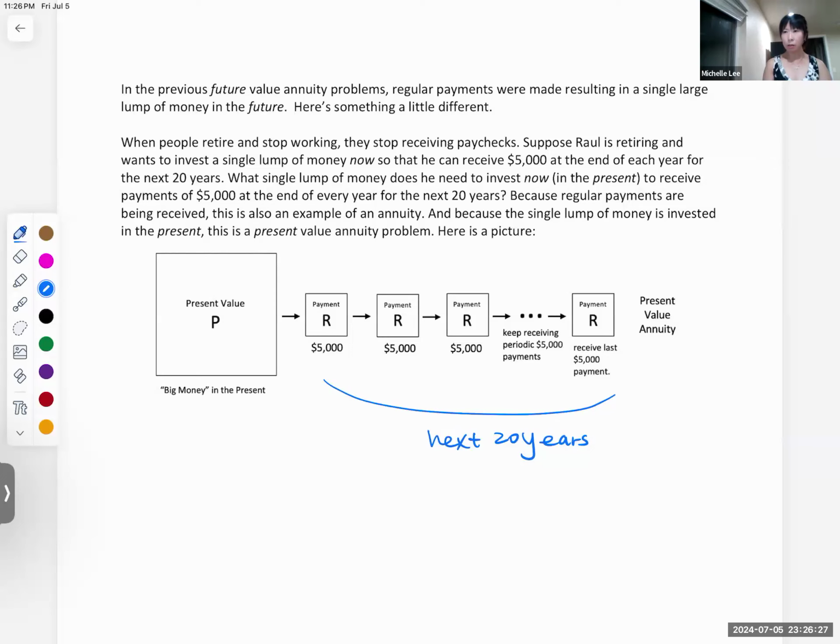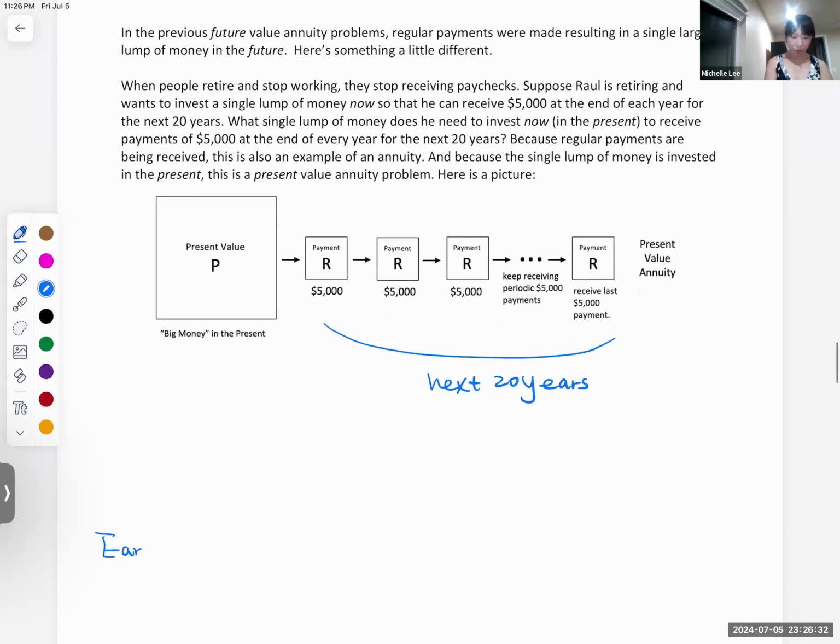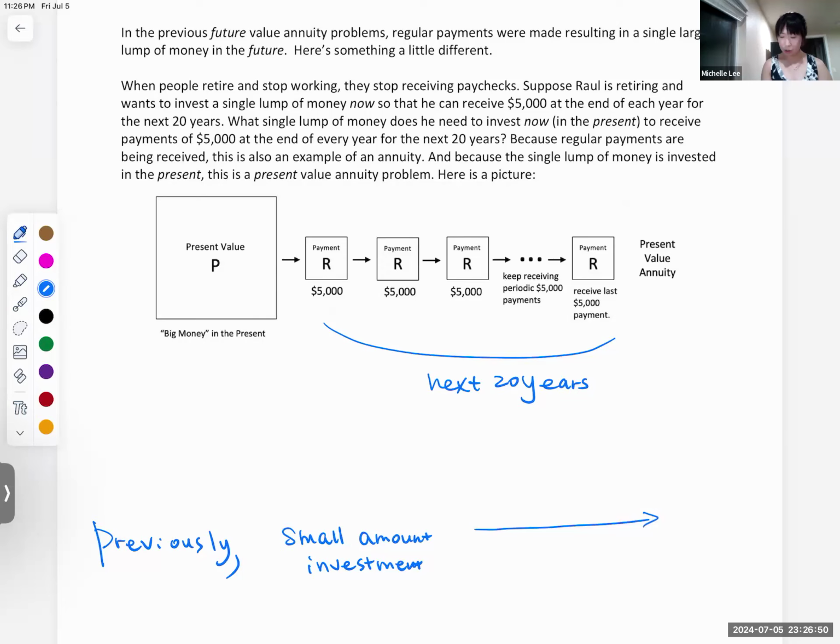The earlier one, the previous one: we have a small amount invested monthly, then future value, we got big money.